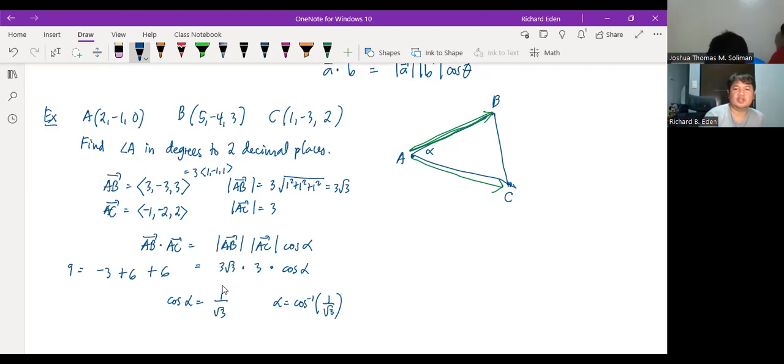Well, if you look at the equation cosine x equals 1 half, this has infinitely many solutions. However, in this case, when you look at cosine alpha equals 1 over square root of 3, fortunately, between 0 degrees and 180 degrees lang yan. So that means the solution is unique. So as soon as you find cosine inverse of 1 over square root of 3, if I'm not mistaken, that's 54.74 degrees, then that's it.